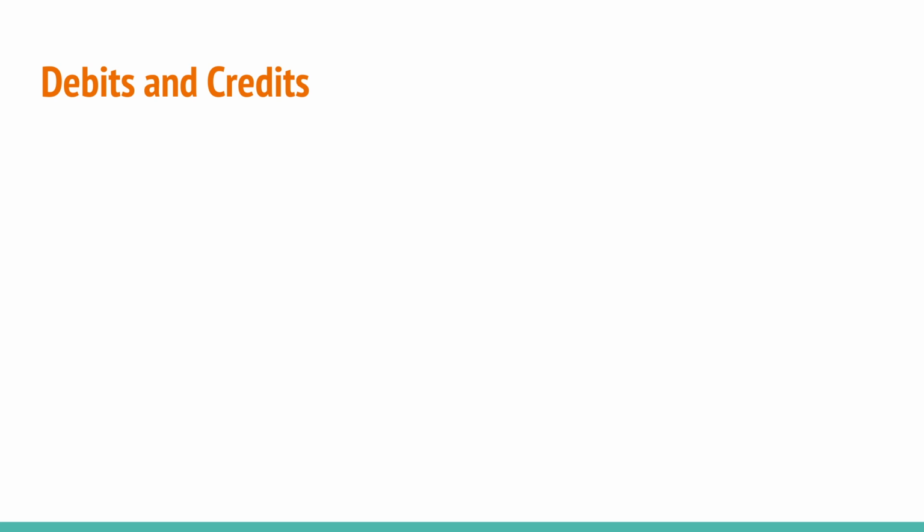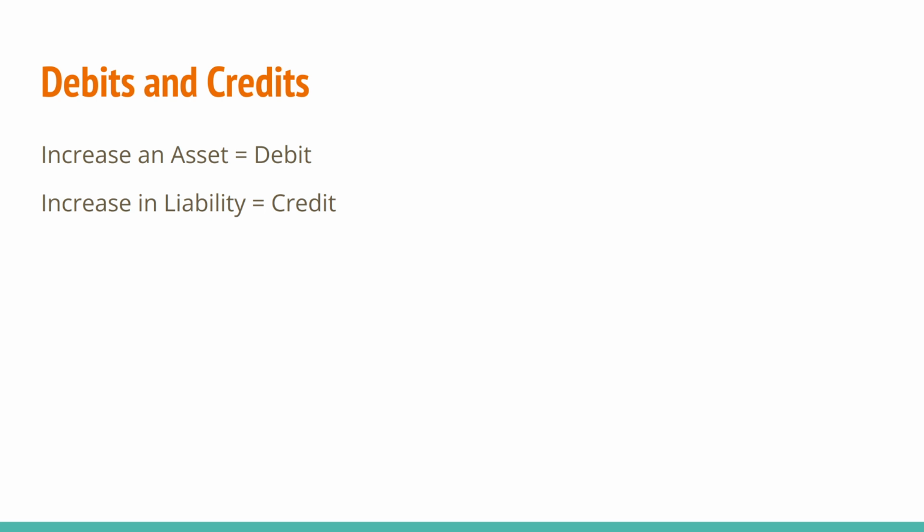So what constitutes debits and credits? This little list is probably worth thinking about because it's a simple way of deciding what needs to be debited and what needs to be credited if you ever have to pass a manual journal entry. So an increase in an asset is a debit, an increase in a liability is a credit.